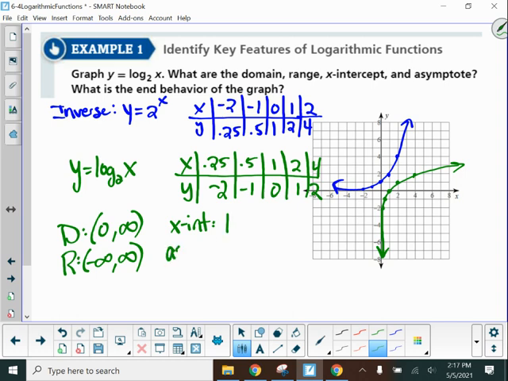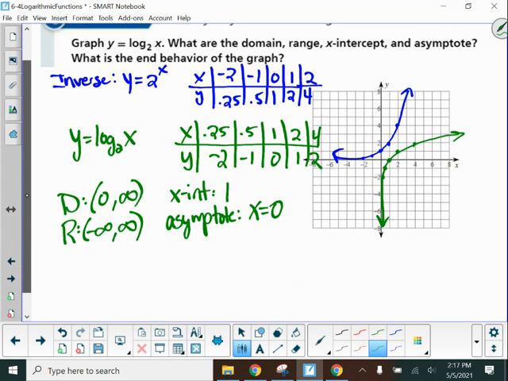And our asymptote, remember, exponential functions have a horizontal asymptote. Your logarithmic functions are going to have a vertical asymptote. So my asymptote here is going to be the line x equals 0. Again, it's the inverse of what we had for the blue exponential function.